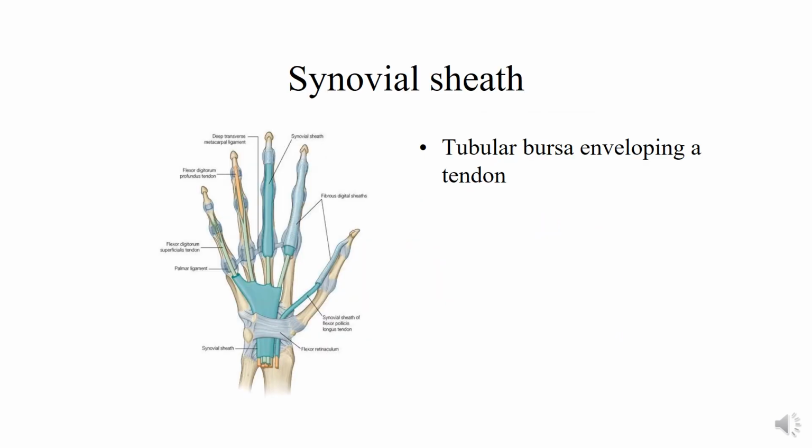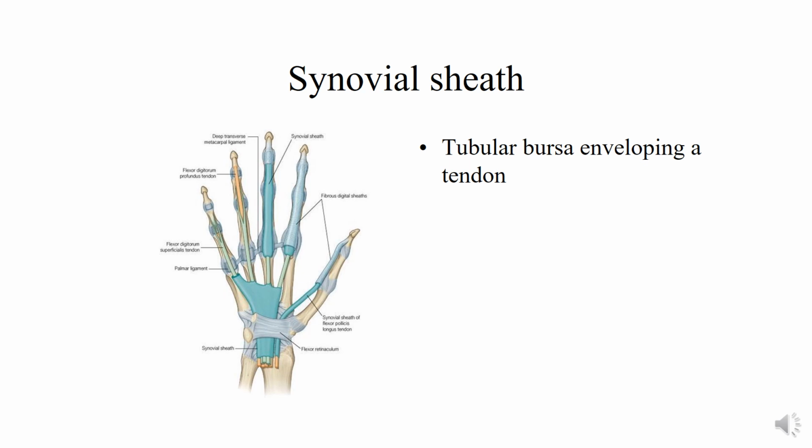Okay, synovial sheath. Now these are the tubular bursae. These are in the form of tubular bursae enveloping tendons. Such sheaths surround tendons when they pass under ligamentous bands or through osteofibrous tunnels. Each synovial sheath consists of two concentric layers of synovial membrane produced by invagination of the tendon into the sheath.